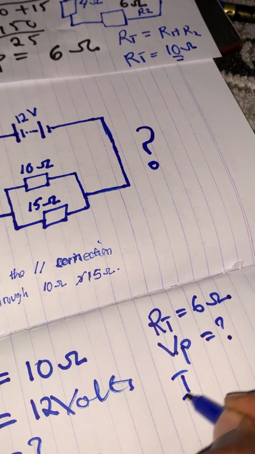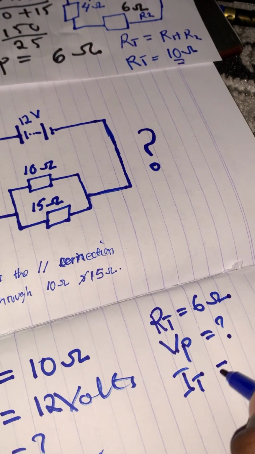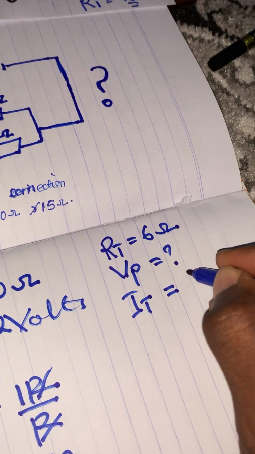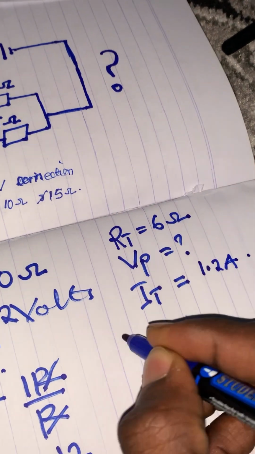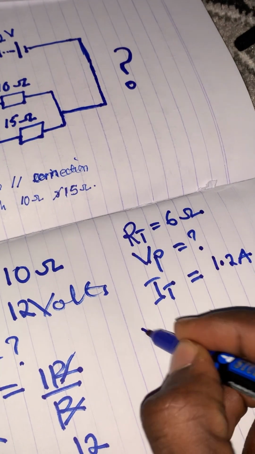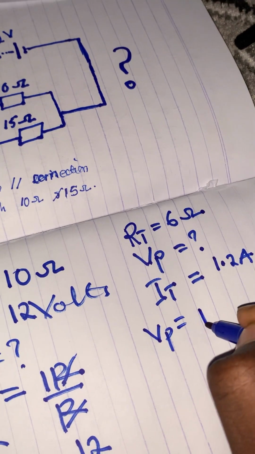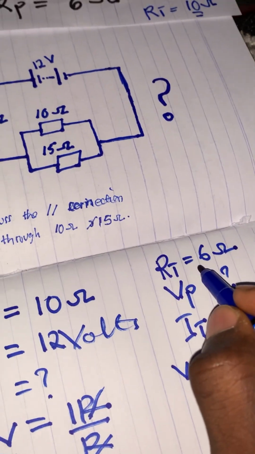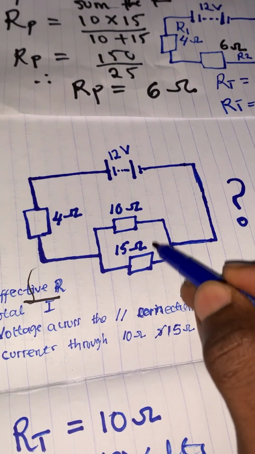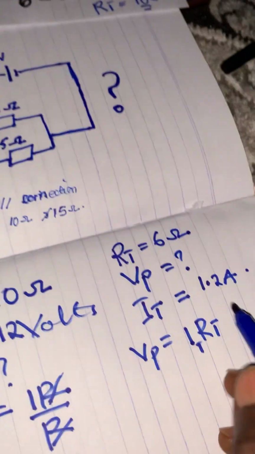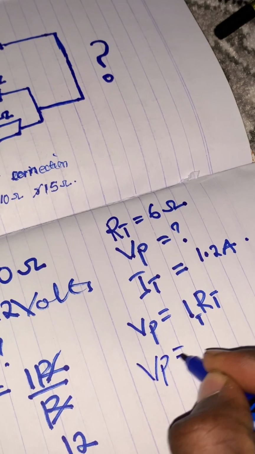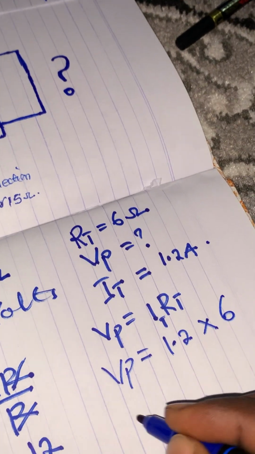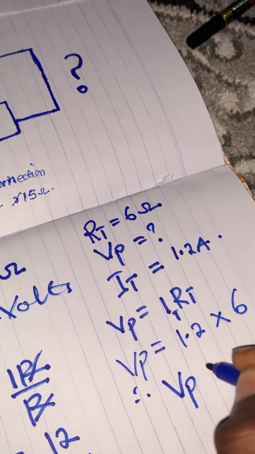We are going to use I total, which we obtained as 1.2 ampere. Therefore, from the formula, Vp equals I total times RT, where RT is the total resistance of the parallel resistors. Then Vp would be 1.2 multiplied by 6 ohm.